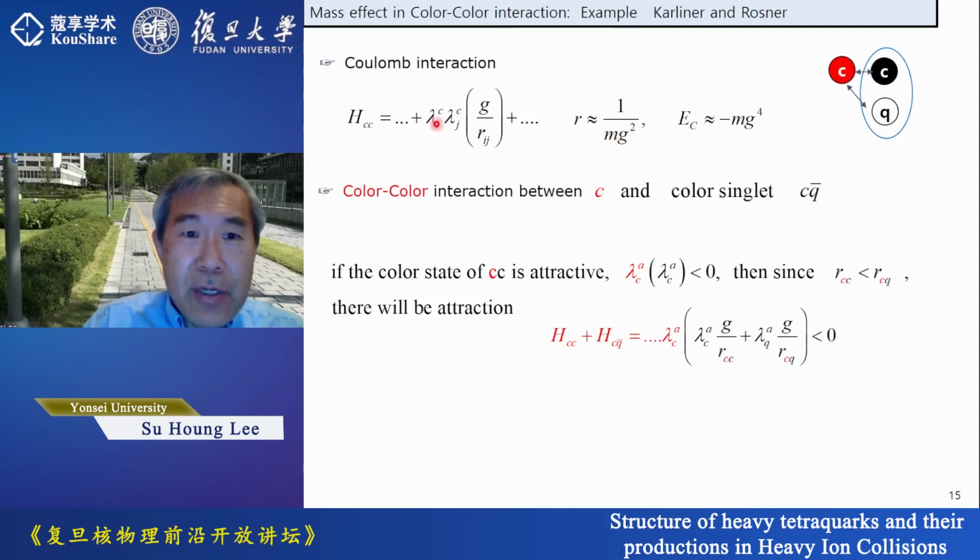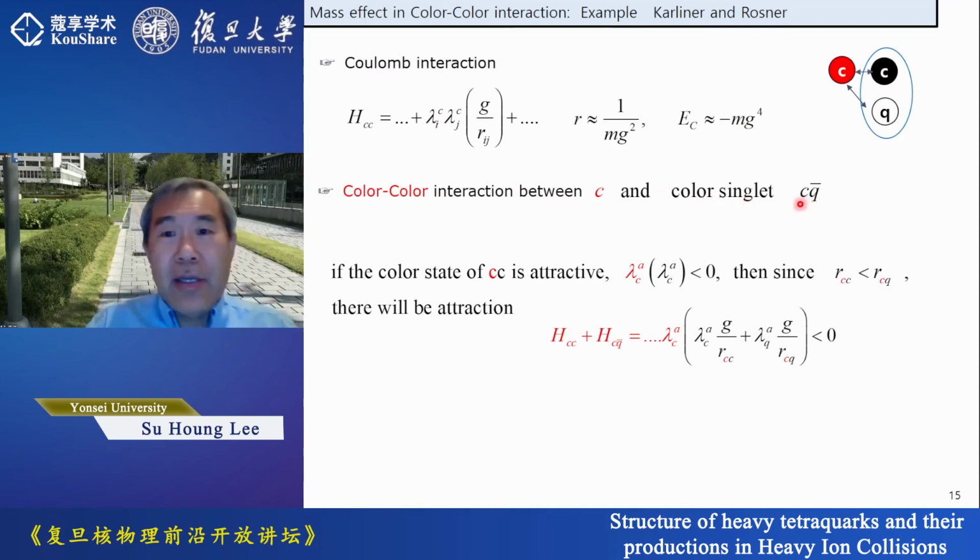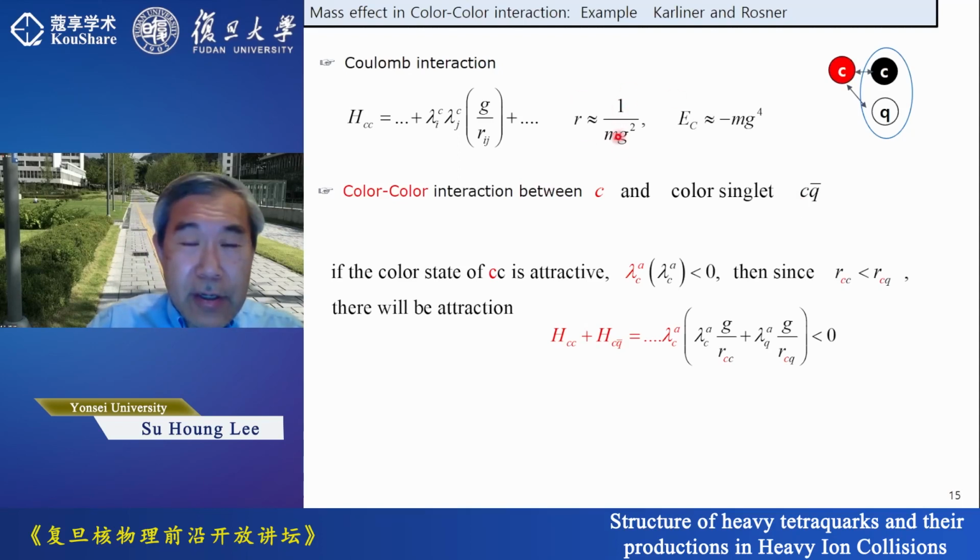So therefore, even the color-color interactions between C and another quark, for example, in a color singlet, will be different whether you have a quark antiquark that is heavy-heavy, heavy-light, or light-light, because their relative distances should be different because of this mass factor.